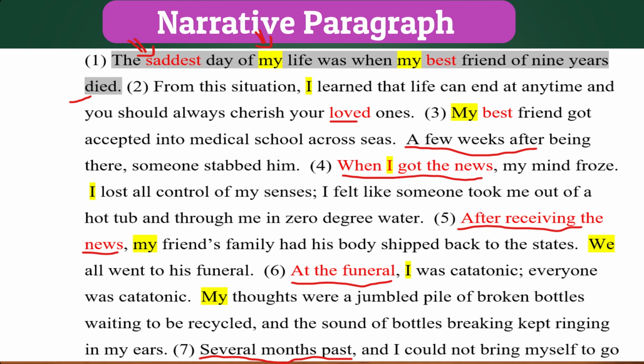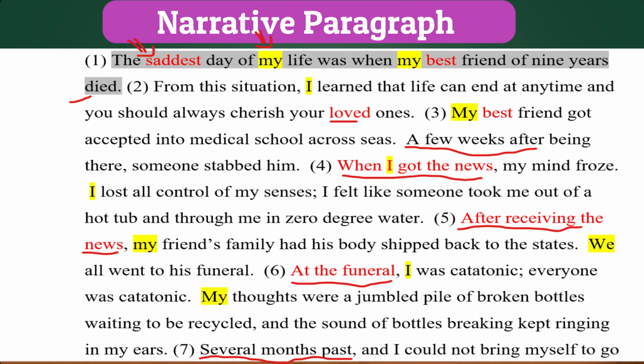And let us start now with a simple narrative paragraph. As I told you, the use of adjectives is very important. And technically speaking, we have to start with a topic sentence. I have to tell you about the subject first. The subject is about someone that you lost, one of your best friends.